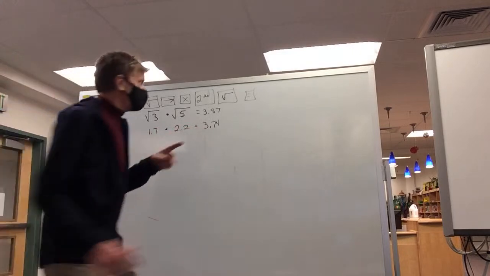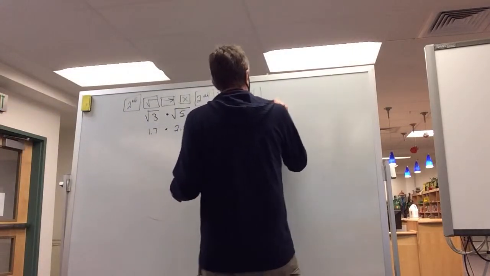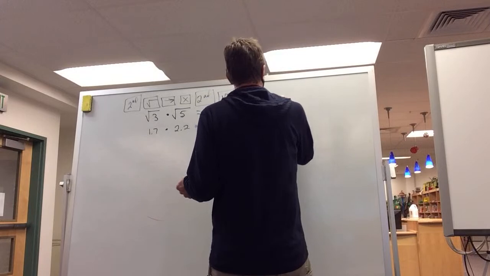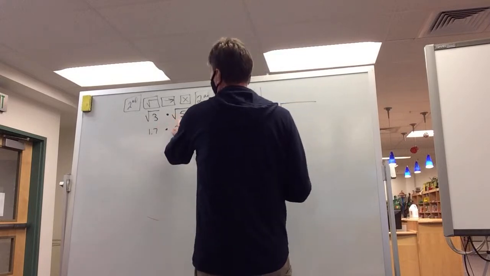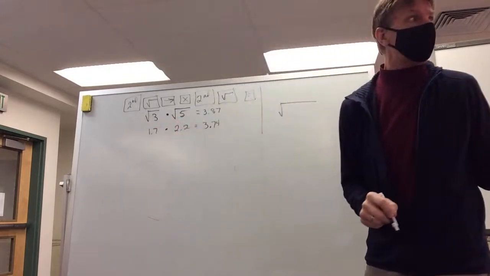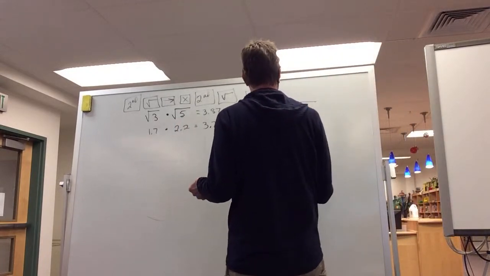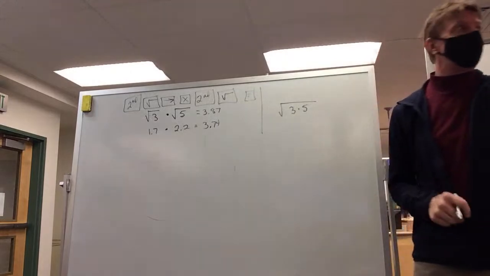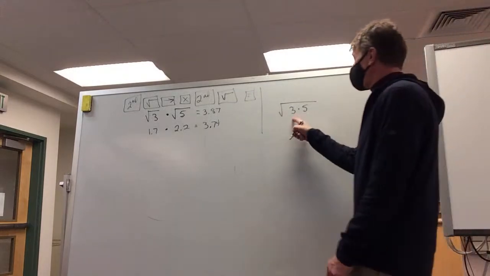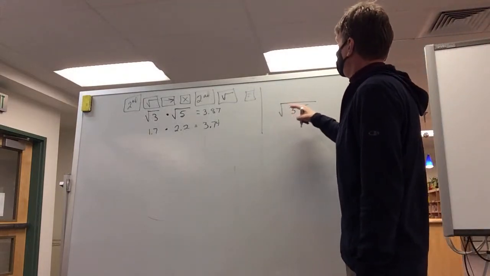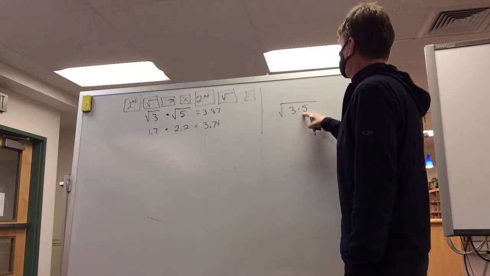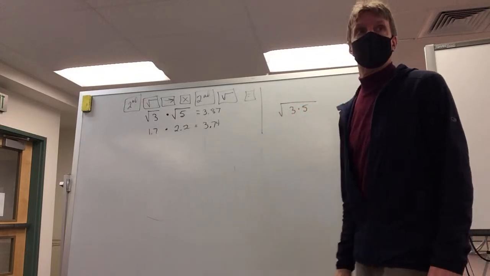Now, I'd like you to do this. So this is the square root of 3 times the square root of 5, right? I'd like you to enter the square root of 3 times 5 in your calculator. So you're going to do second function, radicand, 3 times 5, and then hit equals.